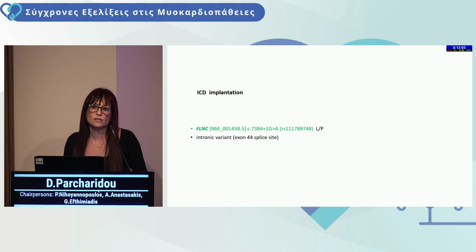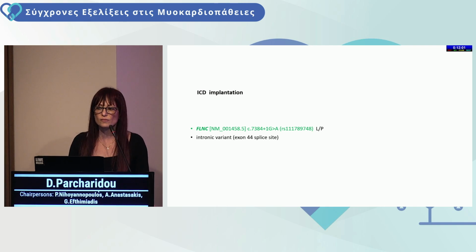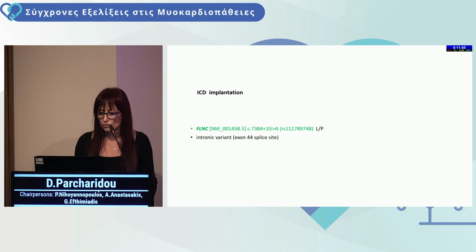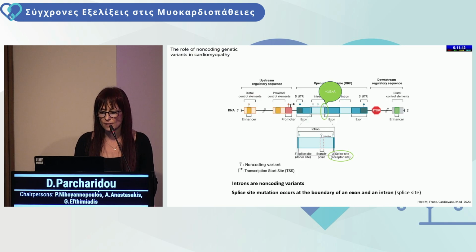So, the patient had an ICD implantation due to the syncope and the presyncopal episodes of arrhythmic origin, and the genetic test revealed a mutation in filamin C, a likely pathogenic mutation, which is an intronic variant at the exon 44 splice site.